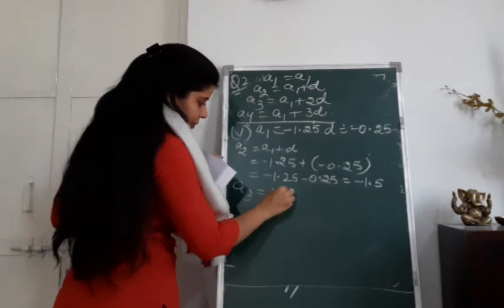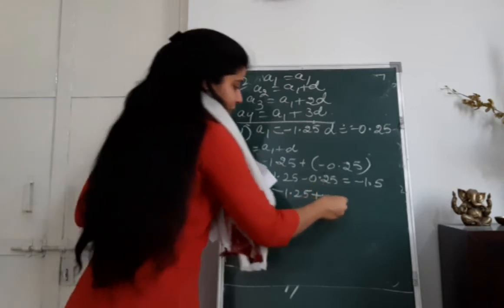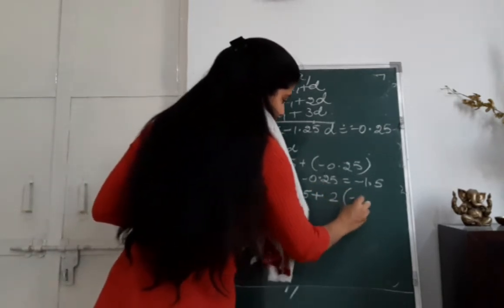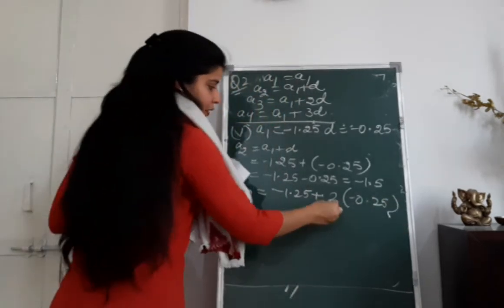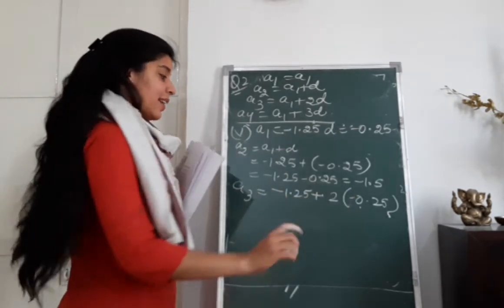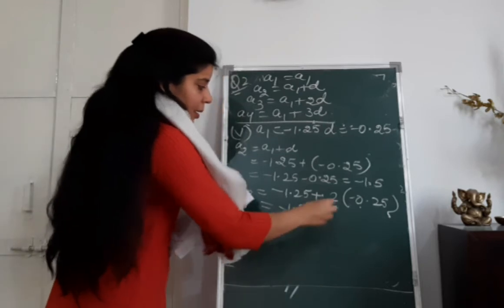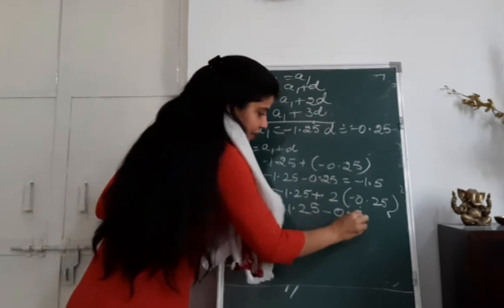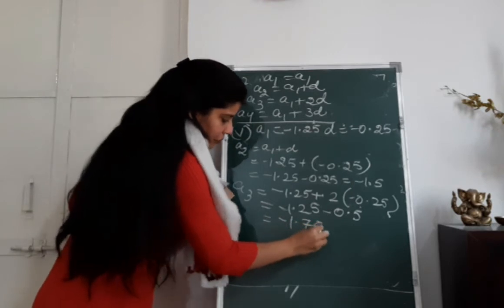A3 will be minus 1.25 plus 2 into minus 0.25. First we will multiply this by this, and then this whole will take a negative sign. So this will be minus 1.25 minus 0.5, which is nothing but minus 1.75.